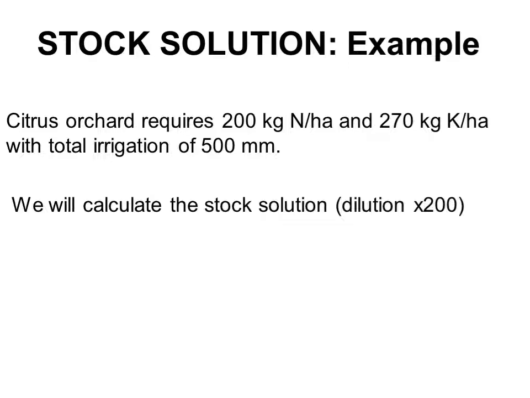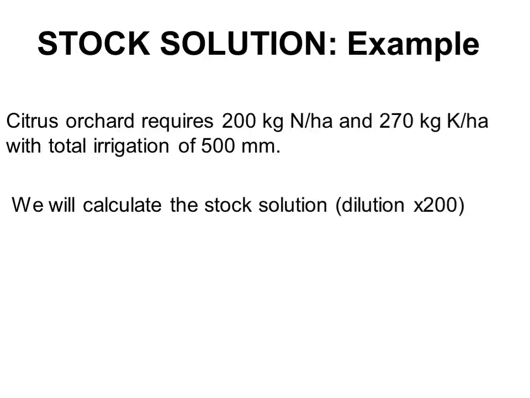Let's consider the first case, when we know the total amount that we need to add. It's the simplest situation, and in this case we are only considering fertigation with nitrogen and potassium. We assume that we are applying phosphorus as a basal fertilizer directly to the soil.